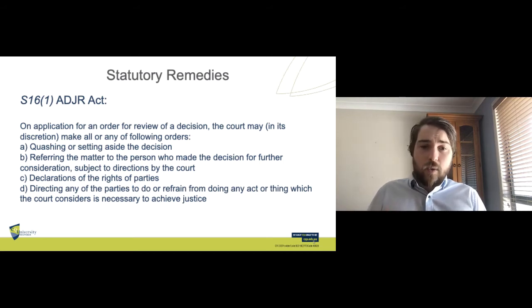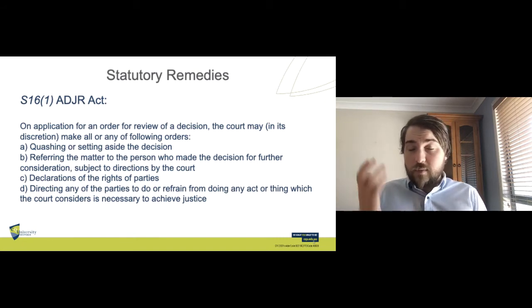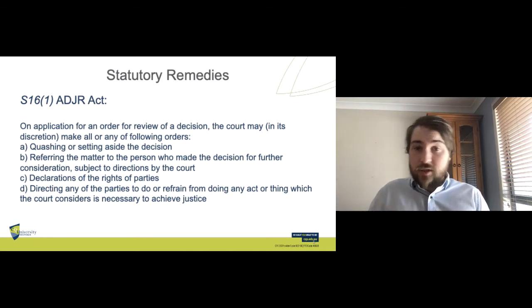And so it can quash or set aside the decision. It can refer the matter to the person who made the decision for further consideration, subject to directions by the court. So, for example, if a relevant consideration has not been taken into account, the court can direct the person to take that into account.